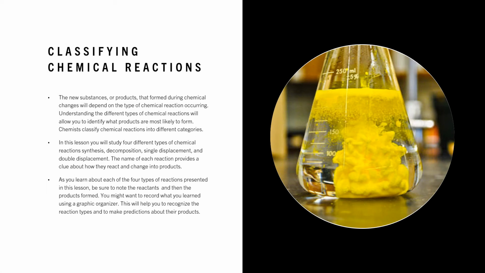Classifying chemical reactions. The new substances or products that form during chemical changes will depend on the type of chemical reaction occurring. Understanding the different types of chemical reactions will allow you to identify which products are most likely to form.